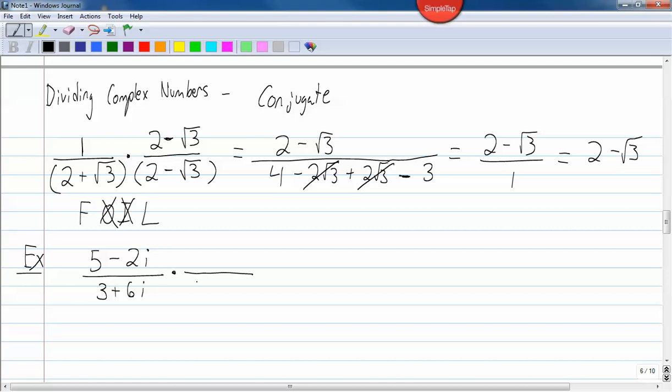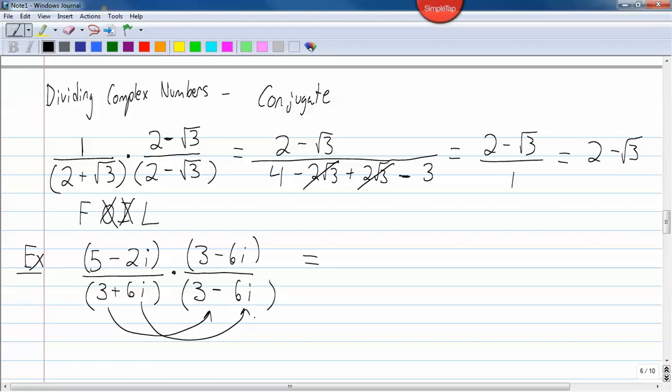The conjugate of the denominator is 3 minus 6i. That does mean I have to multiply a lot of stuff, but at least I can use the shortcut in the denominator. Remember, if you're multiplying conjugates, you can multiply just the first terms and the last terms, because the inner and outer terms are going to cancel out.